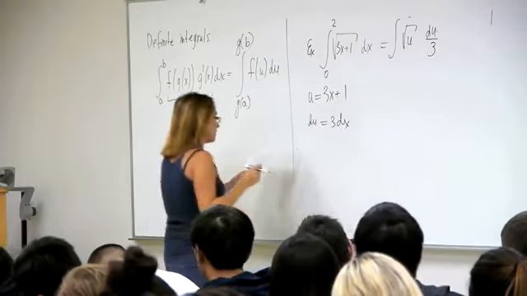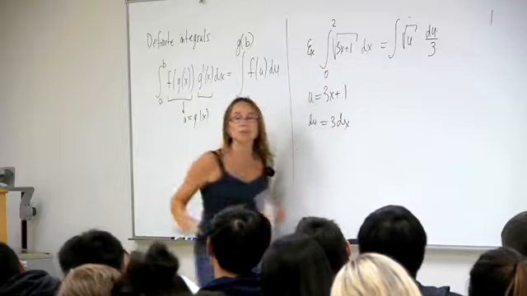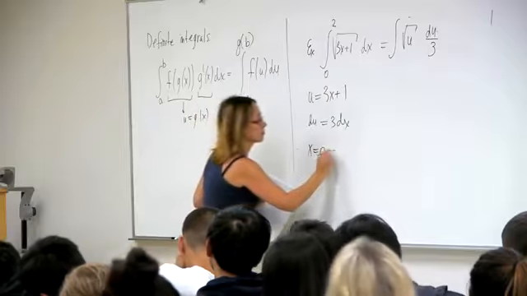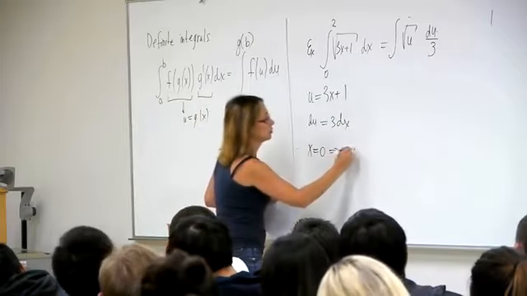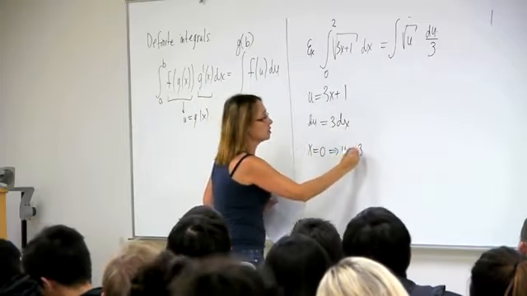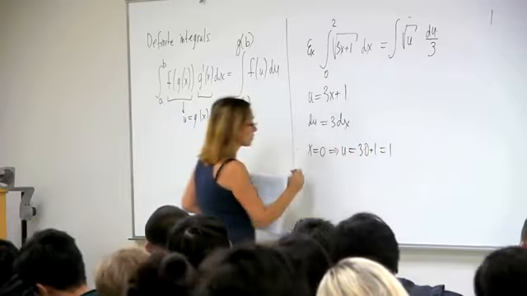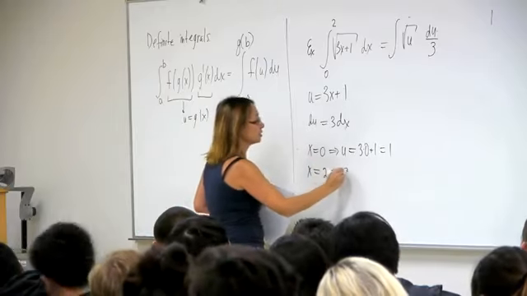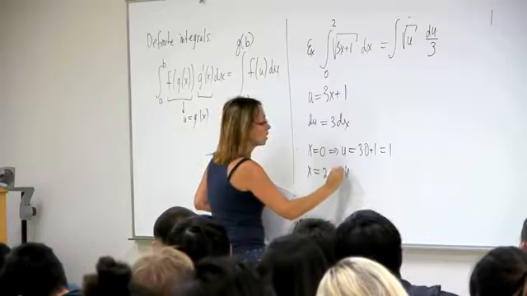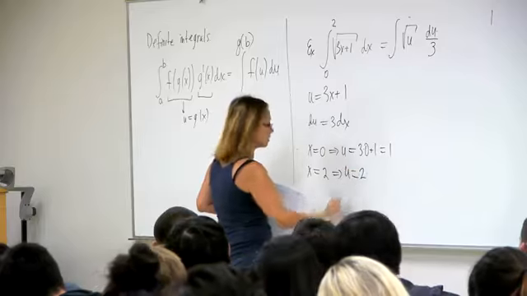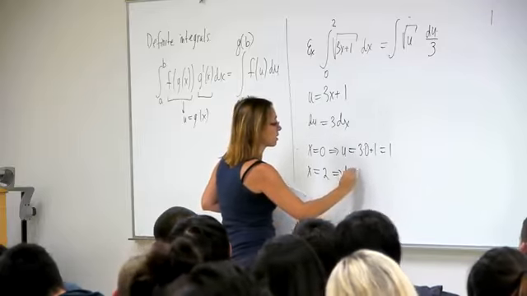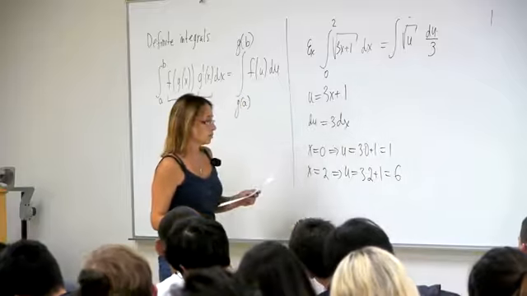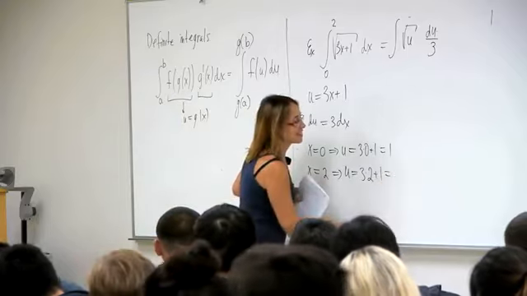Okay. All I need to do is to figure out the limits of integration. So when x equals 0, my lower limit, what is u? I have to substitute here, so I have 3 times 0 plus 1, which is 1. When x is equal to 2, I substitute again in the definition of u. u is 3 times 2 plus 1, which is 7.